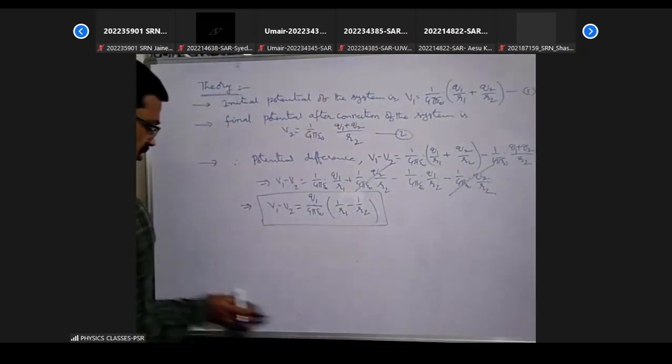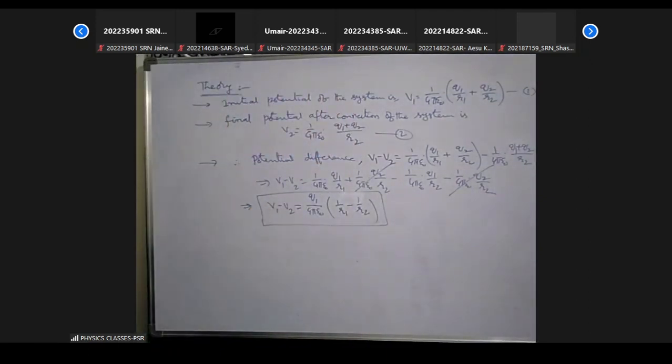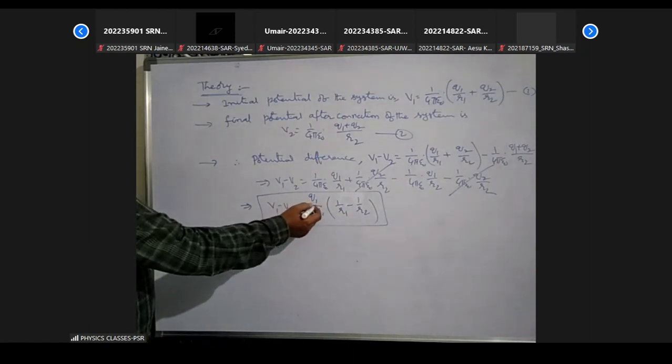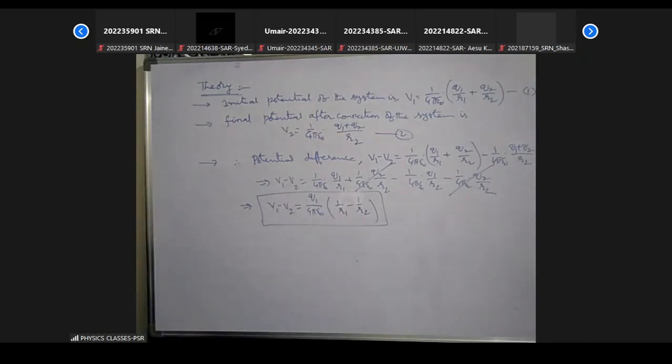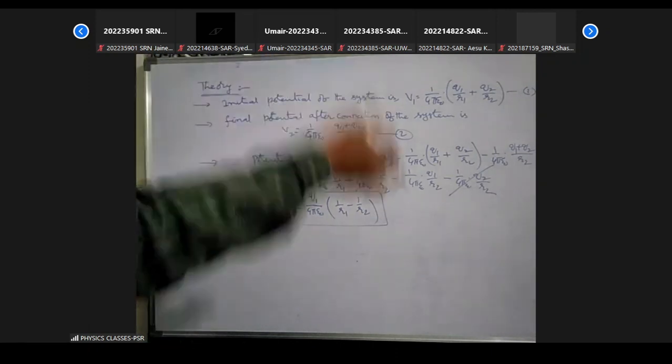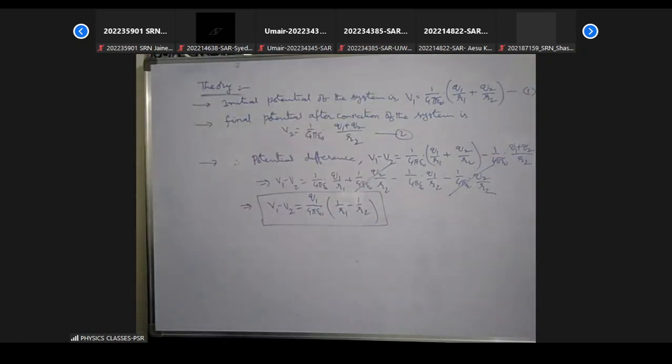Here the potential difference between the shells depends upon the charge on the inner shell only. It is independent of charge on the outer shell. That's why, irrespective of charges on the shells, when they are connected, the total charge flows onto the outer shell only. That is the meaning of this equation.